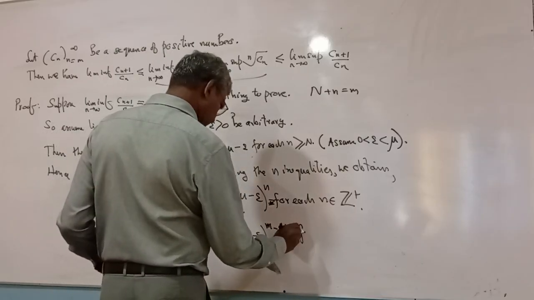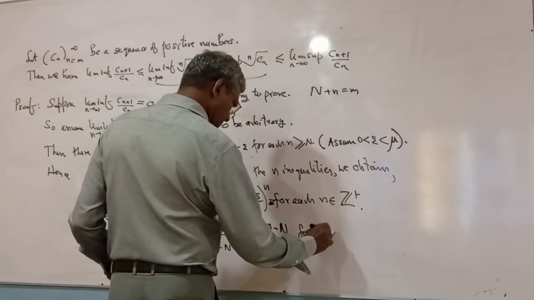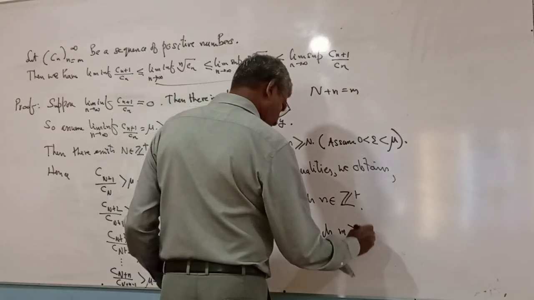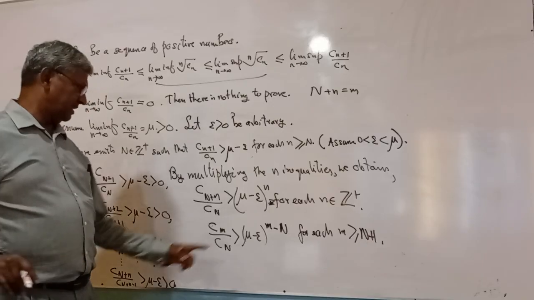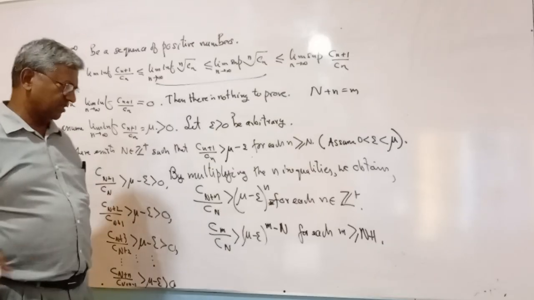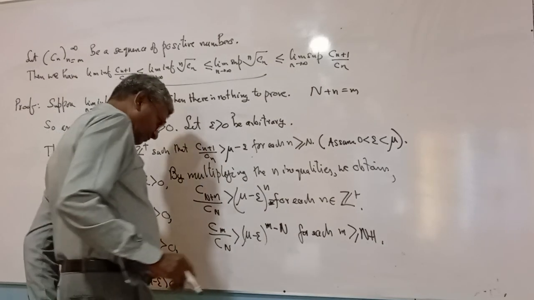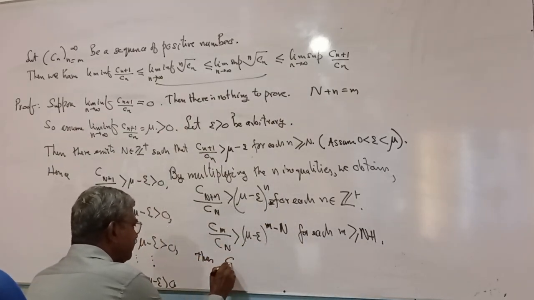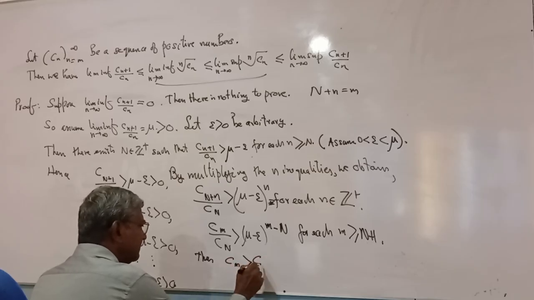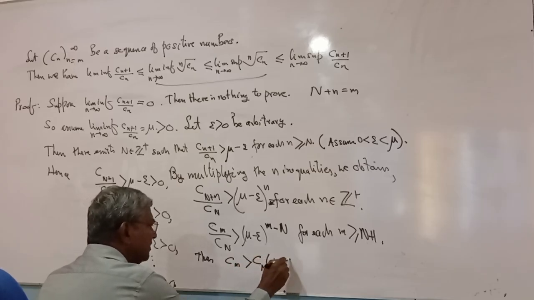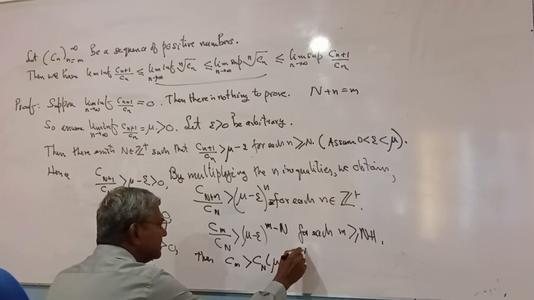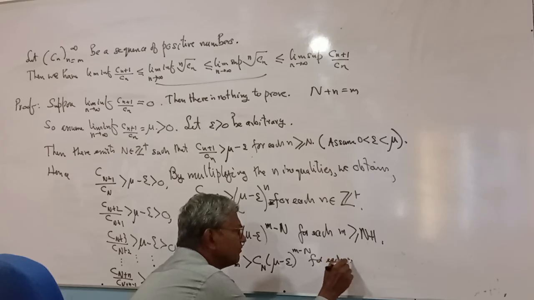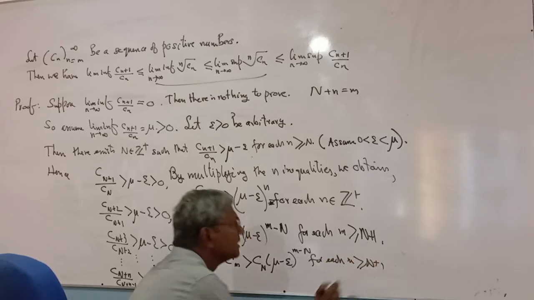For each m greater than or equal to capital N plus 1. Thus, Cm is greater than C capital N times mu minus epsilon raised to the power m minus capital N, for each m greater than or equal to capital N plus 1.